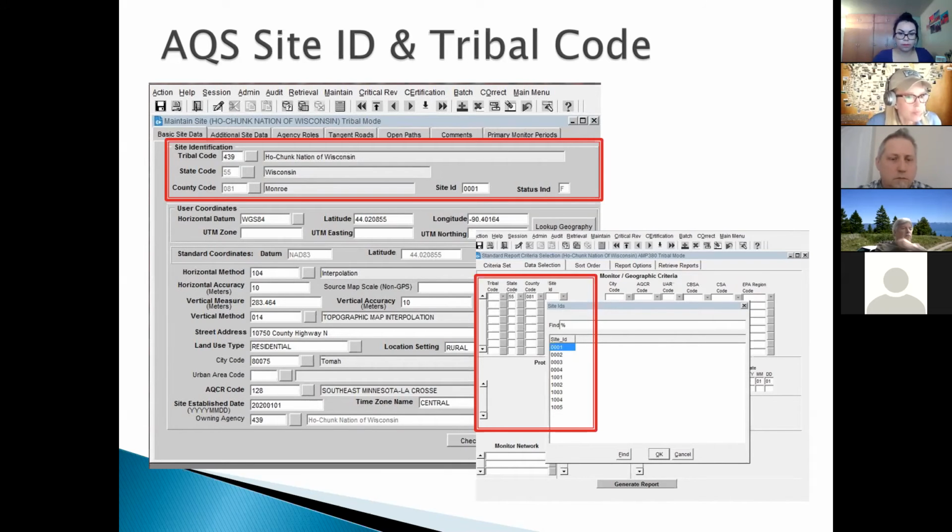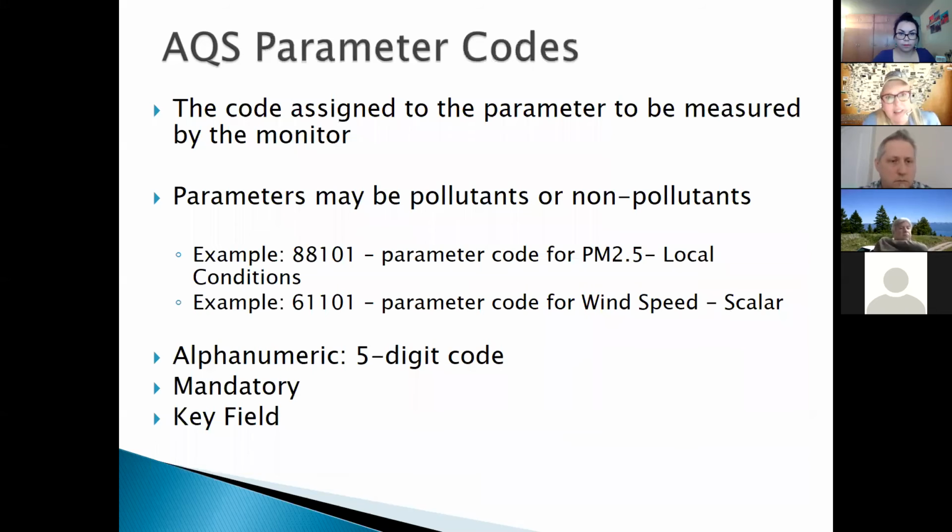The other code we'll move on to is AQS parameter codes. This refers to the code assigned to the parameter to be measured by the monitor. By parameter, we mean this could be pollutants or non-pollutants. For example, here I have parameter code 88101. This code is for PM 2.5, measured at local conditions. And then we also have parameter code 61101, which is the parameter code for wind speed measurements.